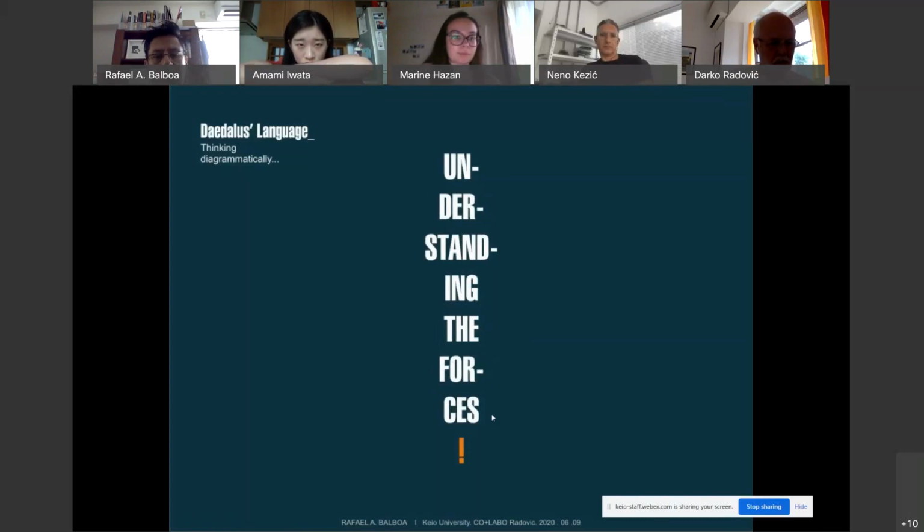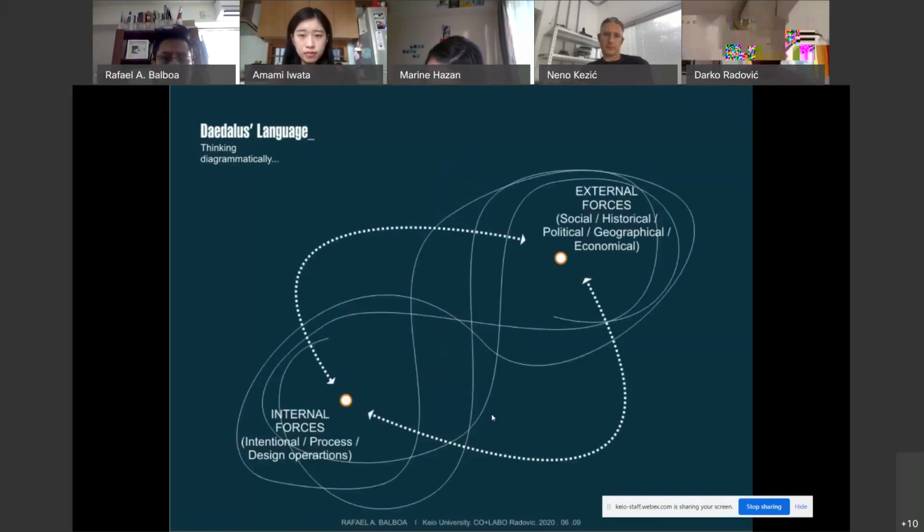And the other thing is understanding the forces. That's a word that I use a lot in diagramming, which is the forces in the system. Those forces can come from different directions.